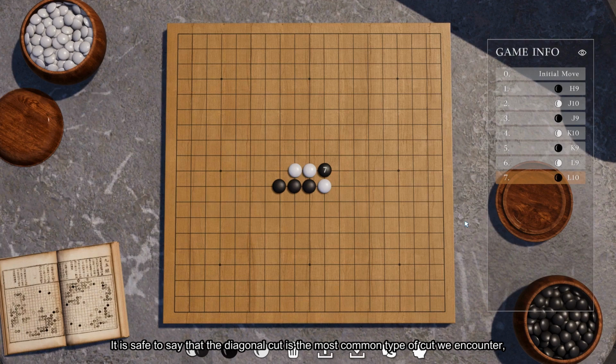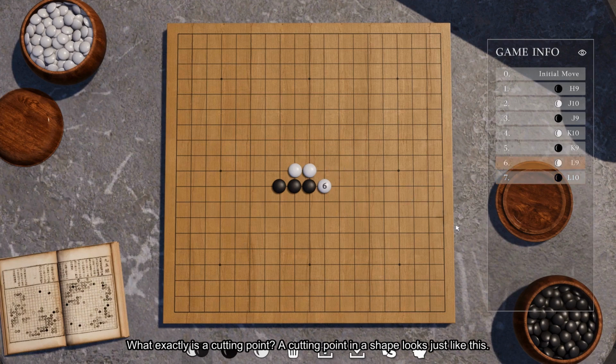It is safe to say that the diagonal cut is the most common type of cut we encounter. Or we can define it as a cut in the strict sense. Because what we usually consider a cut must first have a cutting point. What exactly is a cutting point?